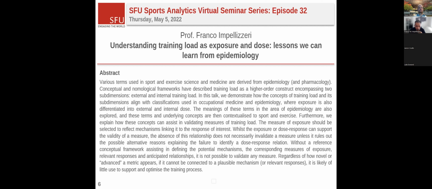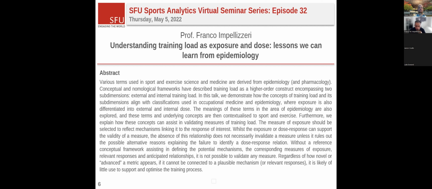So furthermore, he will explain how these concepts can assist in validating measures of training load. The measure of exposure should be selected to reflect mechanisms linking it to the response of interest. While the exposure or dose response can support the validity of a measure, the absence of this relationship does not necessarily invalidate a measure unless it rules out the possible alternative reasons explaining the failure to identify a dose-response relation.